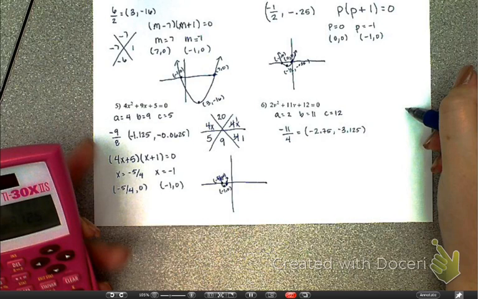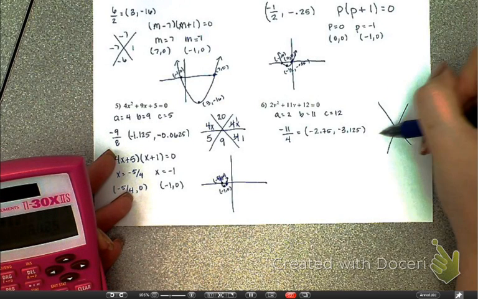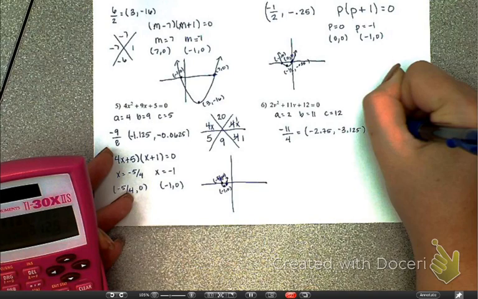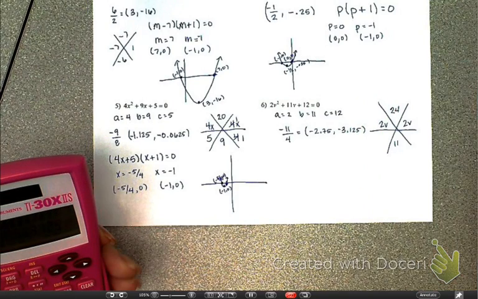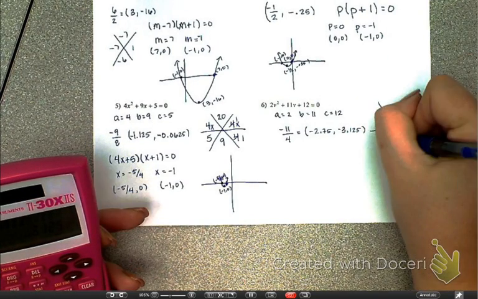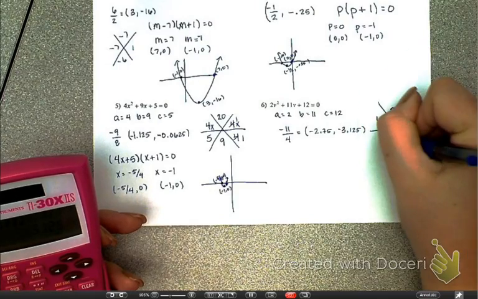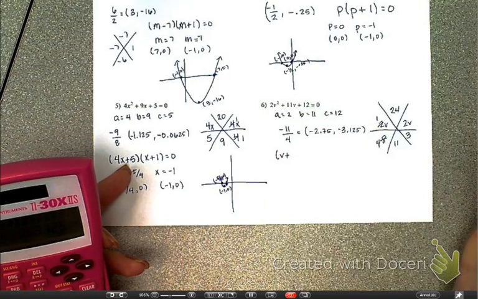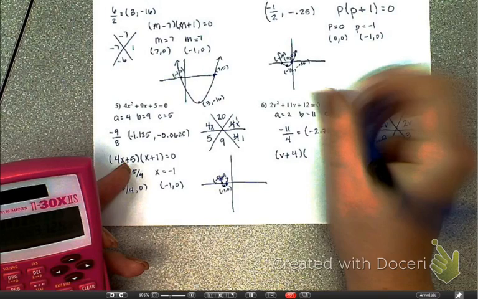Super X again. I'm looking for two numbers that multiply to 24 and add to 11. 8 and 3. Okay, I can simplify this side. That side I cannot. So it's v plus 4 and 2v plus 3.